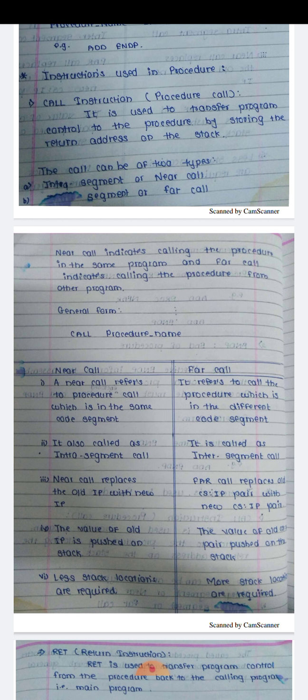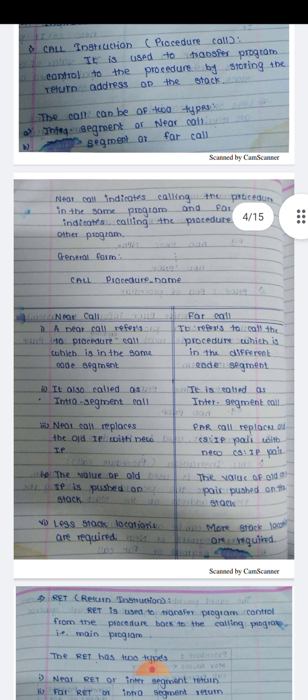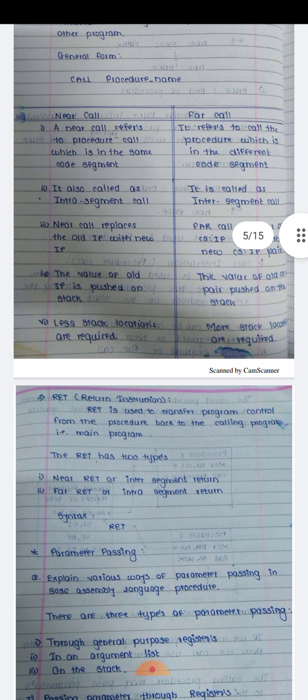So there should always be replacing with the pointer and segment pair. So in near call you have to push and replace the pointer's contents only. There is no requirement to replace the contents of segment because it is in the same segment, right? Then fewer stack locations are required in near call, and more stack locations are required in far call because we are replacing segments. So these are some important parameters about near and far call.